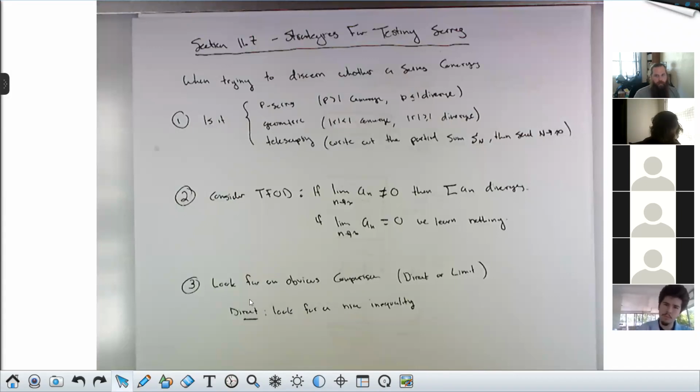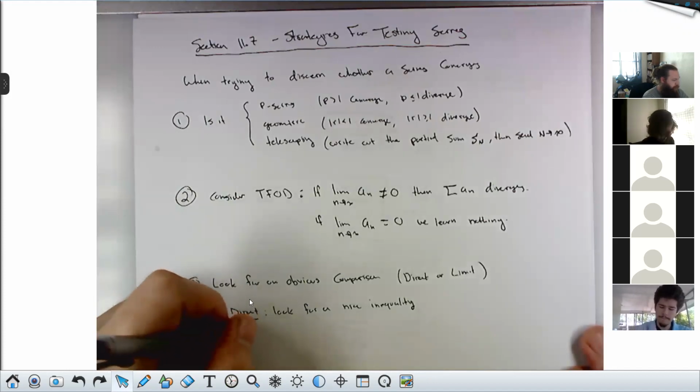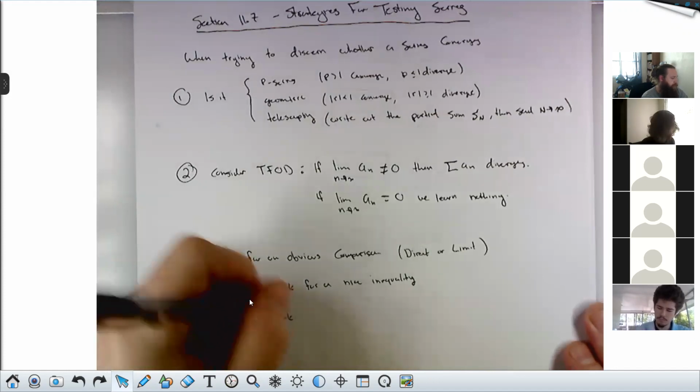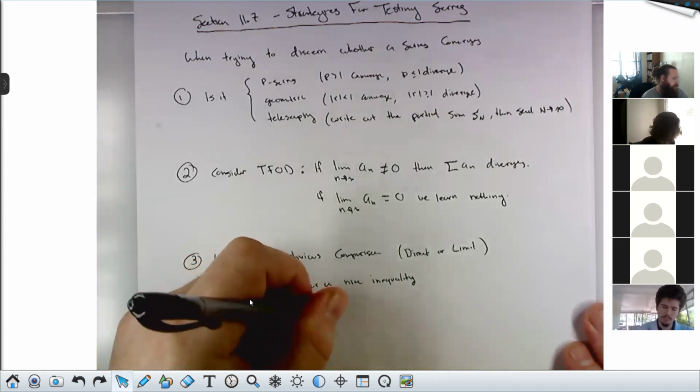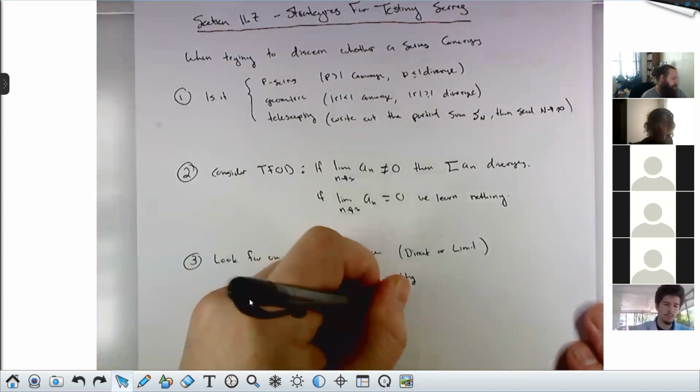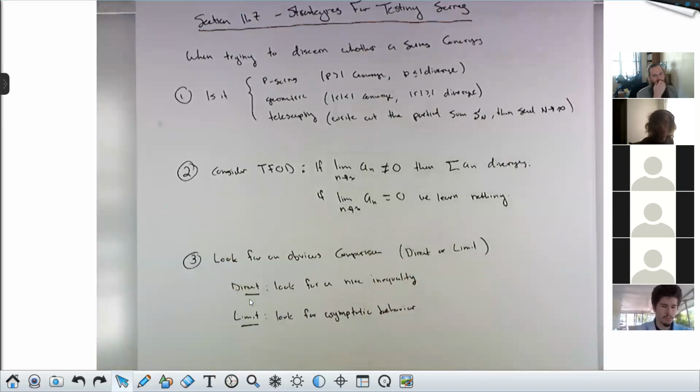Right away, we should see that that's smaller than 4 over n squared because n squared plus 25 is bigger than n squared. So our terms there were smaller than the terms of a convergent p-series. Or if the inequality isn't showing up, when it comes to limit comparisons, you're going to look for the asymptotic behavior. Take the dominant term of the top, the dominant term of the bottom, and see if that's a series that's easy to work with.